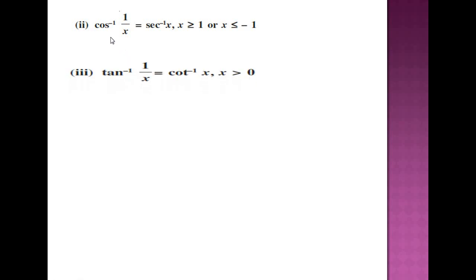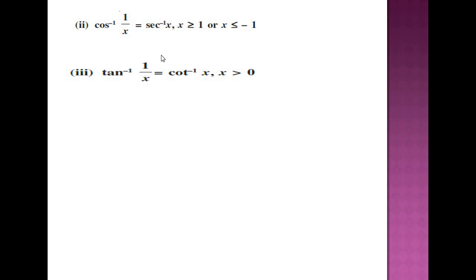Similarly, you can have cos inverse of 1 by x as sec inverse of x, or sec inverse of 1 by x as cos inverse of x, right? They comply with each other with the condition here: if I take cos inverse of 1 by x equal to sec inverse of x, x will be greater than 1, or at the max it can be equal to 1, or the value of x will be less than minus 1, or it can be equal to minus 1.